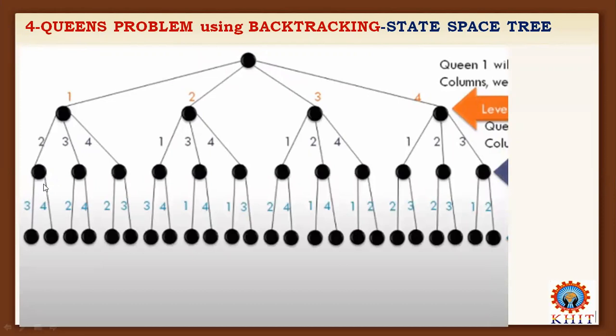You have the provision of placing the 4 queens: from 1 and 2 are placed, 3 are placed, and 4 are placed. This is one way. Another way is, first place the third queen, next place the second queen, next place the fourth queen. Another way is, the first queen was already placed, next place the fourth queen, second queen, third queen. So in this way, you can keep on arranging all the queens.